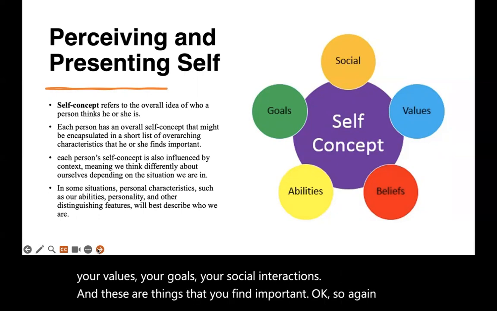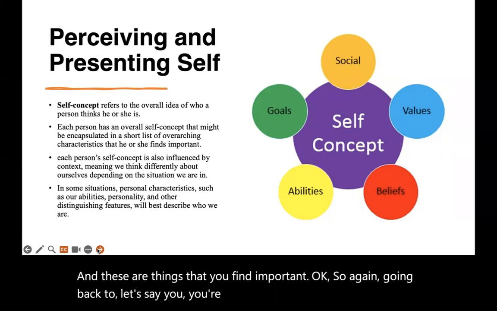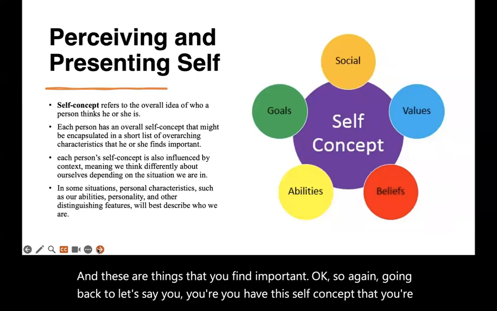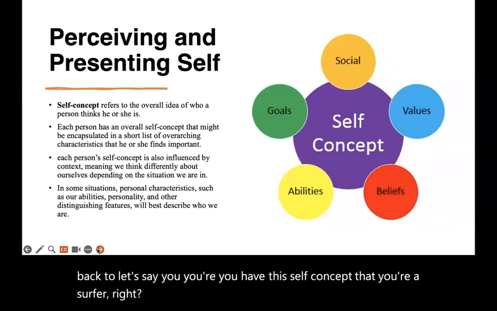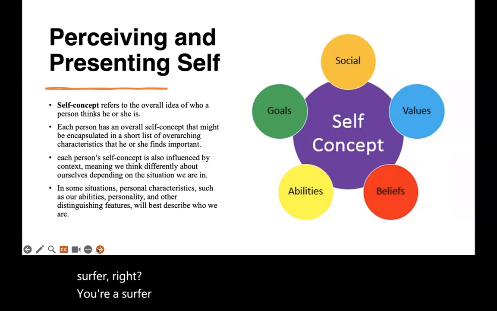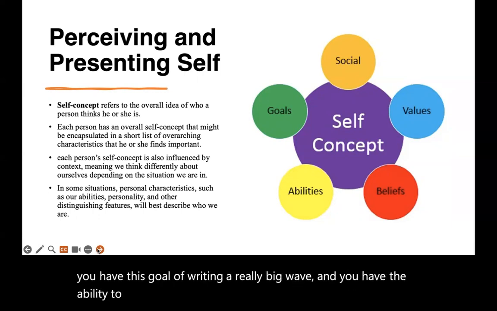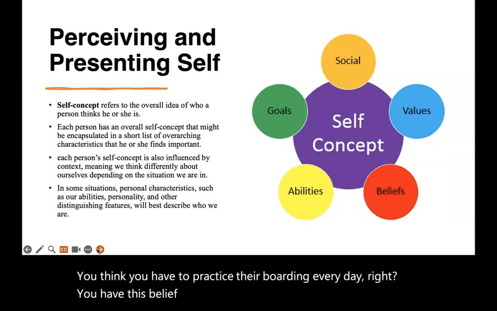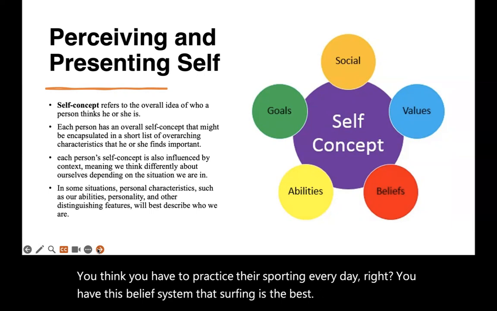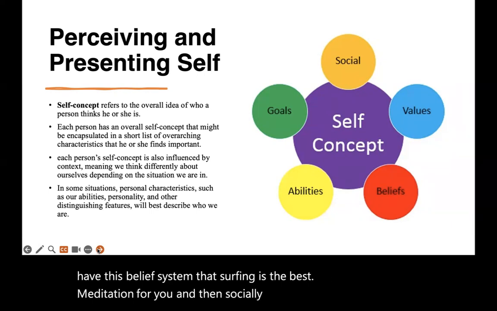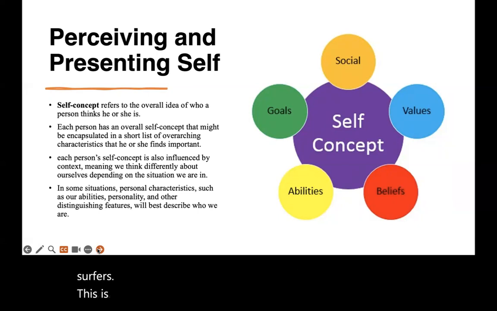So again, let's say you have this self-concept that you're a surfer, right? You're a surfer because you have this goal of riding a really big wave. And you have the ability to balance on a surfboard. And you have these values that you think you have to practice supporting every day. You have this belief system that surfing is the best meditation for you. And then socially, you're friends with other surfers. This is you perceiving yourself as a surfer, okay?